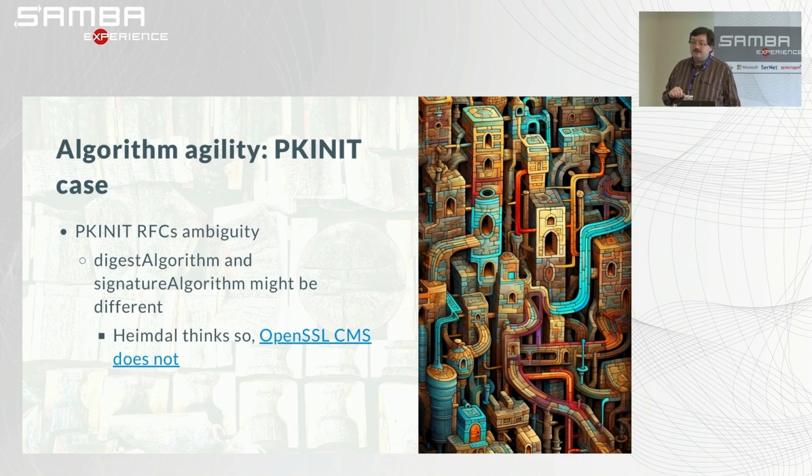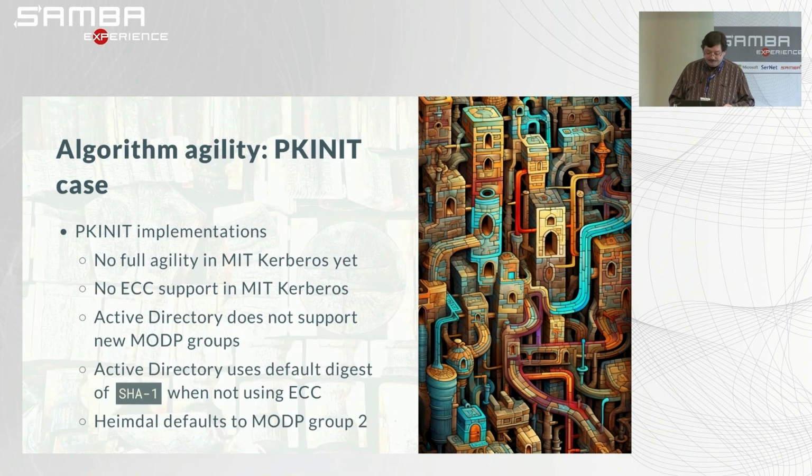And they do not consider this a bug, they consider it a feature that they don't support it this way. And there's no agreement, so you will fail to parse and interoperate even between two open source implementations. The other part is, while MIT Kerberos implements some of this agility, it's not the full agility.